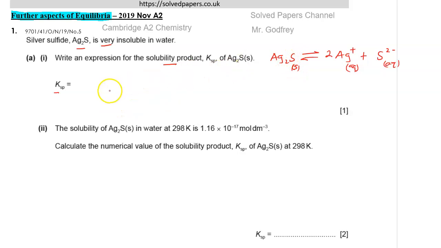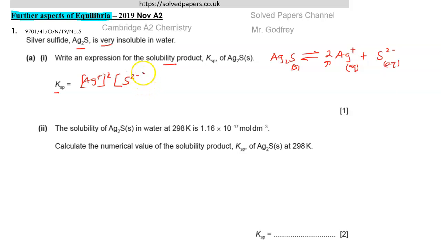So the solubility product will be the concentration of silver ions squared, because there are 2 moles here, times the concentration of sulfide ions.